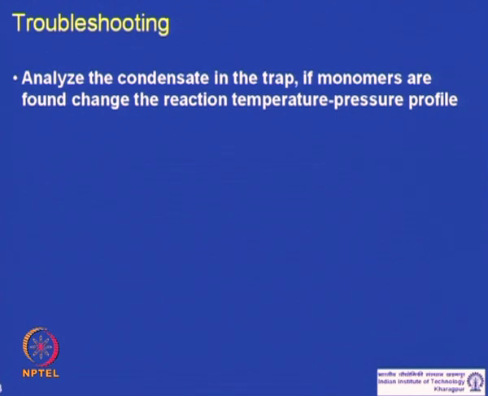If you find any monomer there, it means that during the polymerization one or more monomers has escaped by volatilization, and that is going to imbalance your monomer ratio. You might have taken a 1:1 ratio, or something very close to 1 depending on your target molecular weight, but because one of the monomers might have volatilized in excess of the other, it will imbalance your stoichiometric ratio, and that will definitely decrease your final molecular weight.